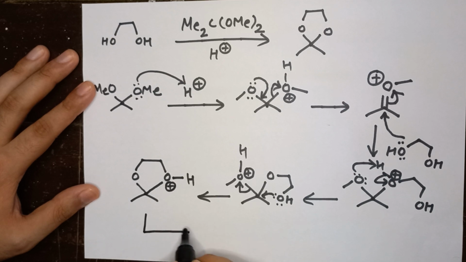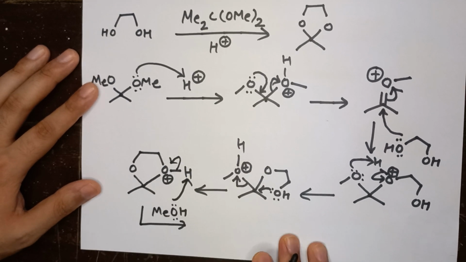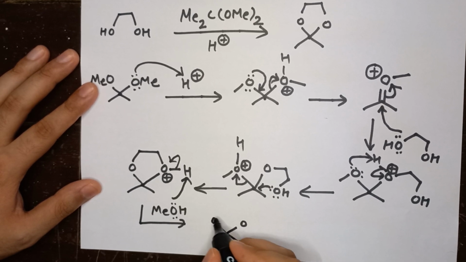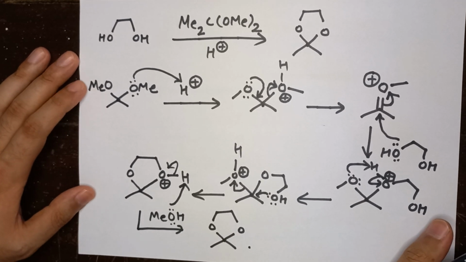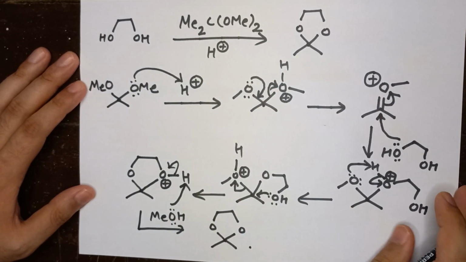So we just removed methanol that can come and take away this proton, neutralizing oxygen, and this is how you can get the final product, that is your protected diol. So this is the mechanism for the second reagent which you can use to convert your diol into protected form.